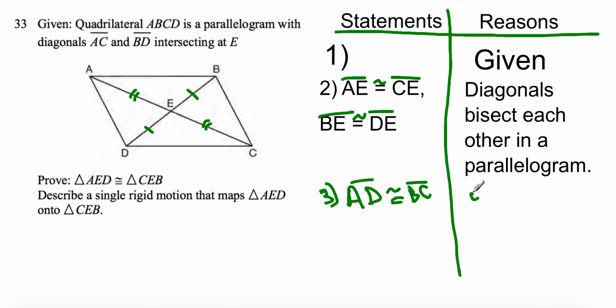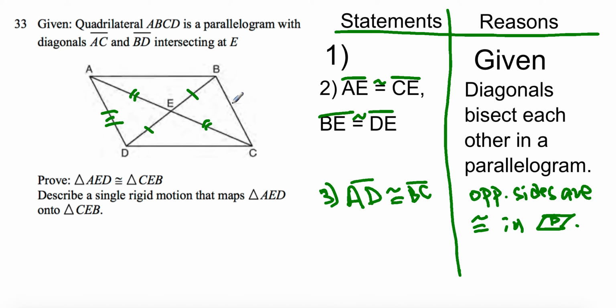Opposite sides are equal to each other, so congruent in a parallelogram. Now, we just show that number 4, triangle AED is congruent to triangle CEB by SSS.